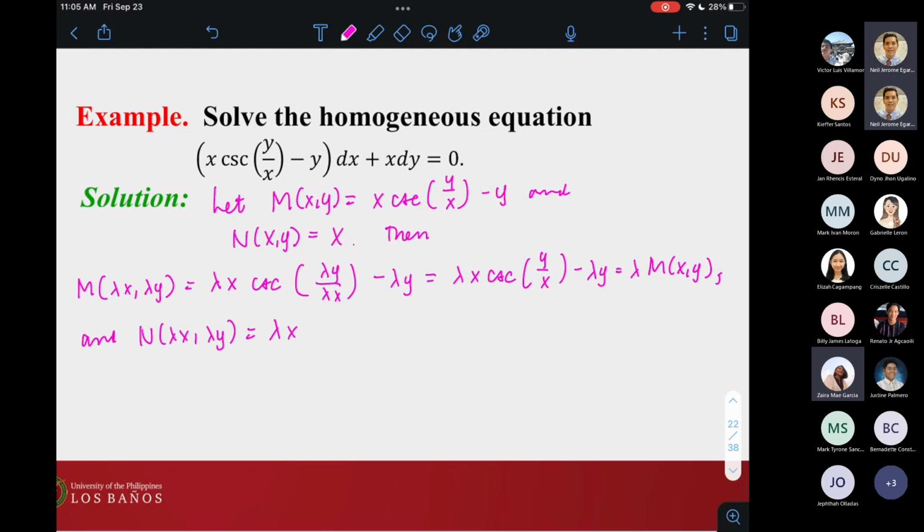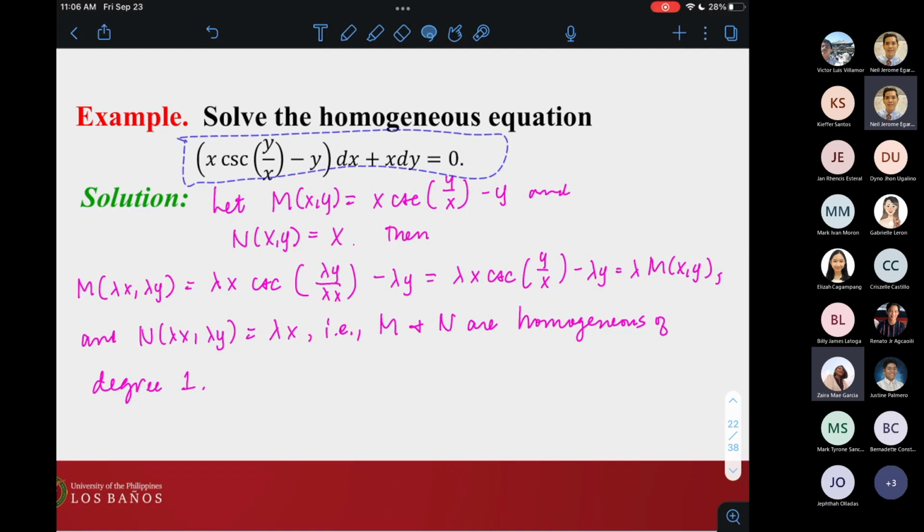So palitan mo si x ng λx, you'll have λx, which is homogeneous of degree 1. So M and N are homogeneous of degree 1. Dahil yung dalawang components ng ODE ay parehas homogeneous of degree 1, then we can separate the variables. Okay? And that could be done by a simple change in the variable. So let me just copy the given.